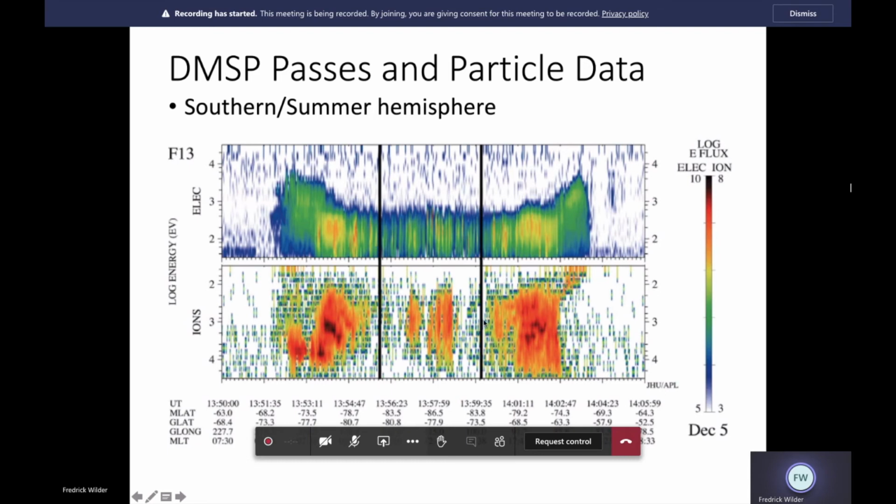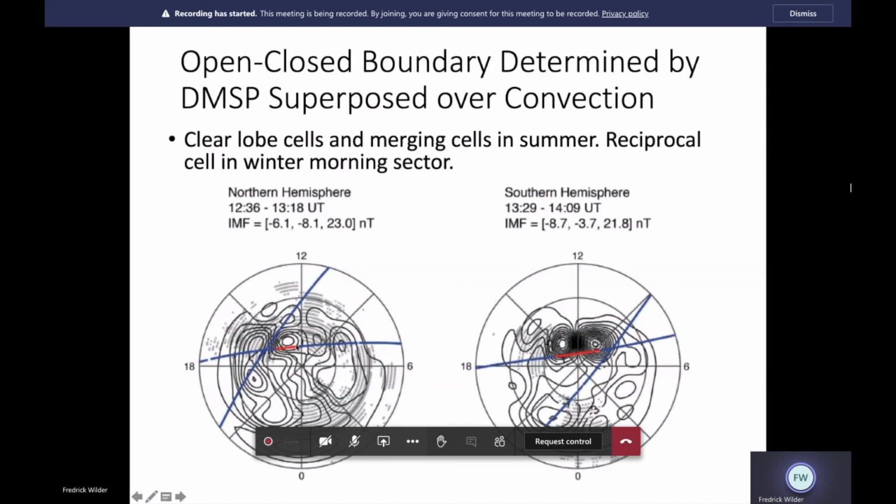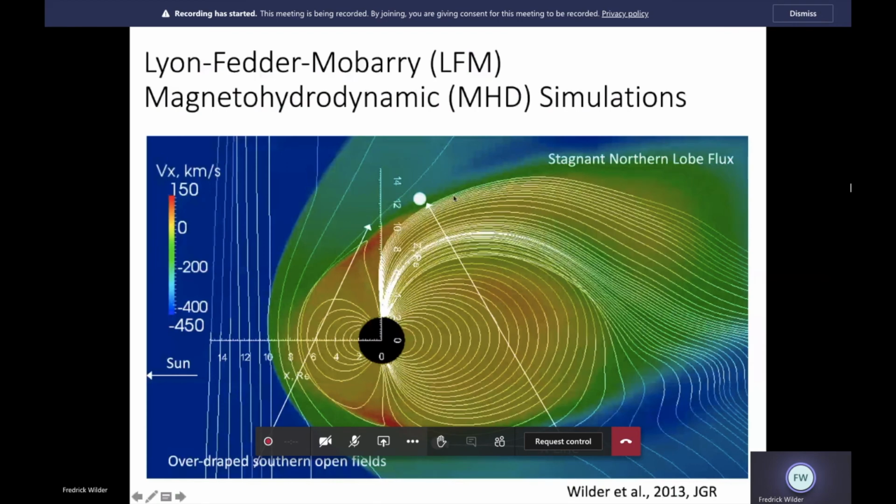So we did this for the summer hemisphere. You can see it's larger. We did it for the winter hemisphere, and you can see it's much narrower. And when we map it on the flow patterns, we can see that much like that cartoon I showed you earlier, there's a lot more circulation on these open field lines in the summer. So there's a lot of open flux being stirred up. So we decided to simulate this. This is a model that I think people at UT Arlington use a lot.